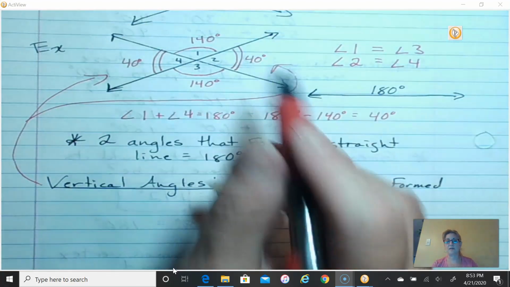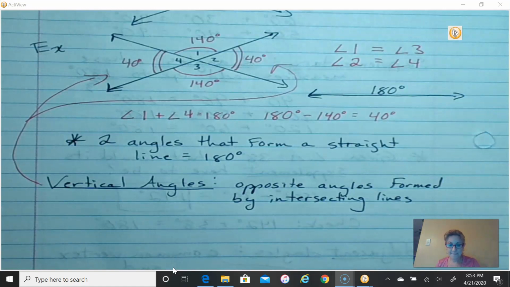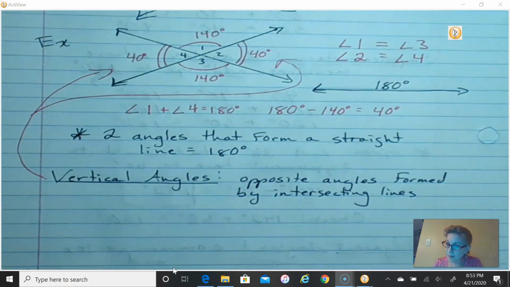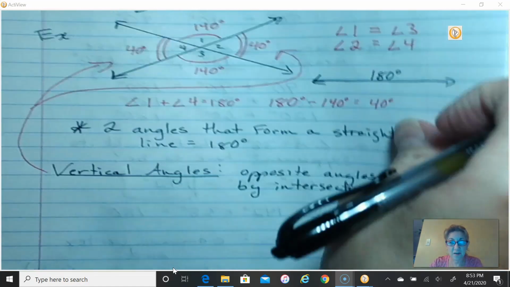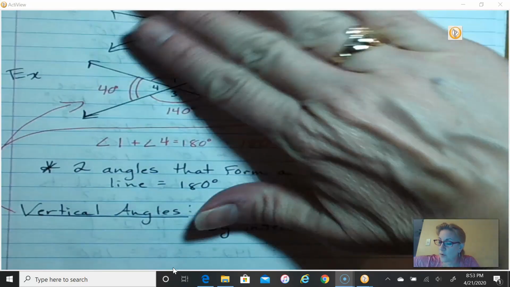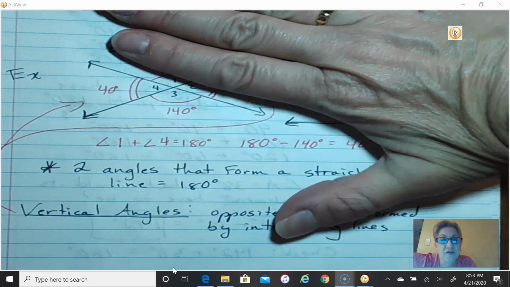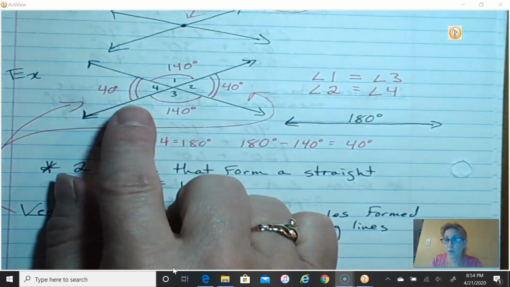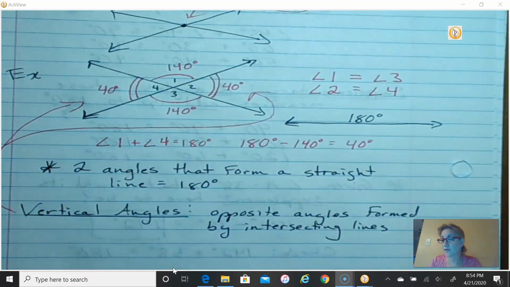Those opposite angles are vertical. Okay? And they also equal each other. These, like 4 and 3, those would be your adjacent. 4 and 2 and 1 and 3, those would be your vertical.